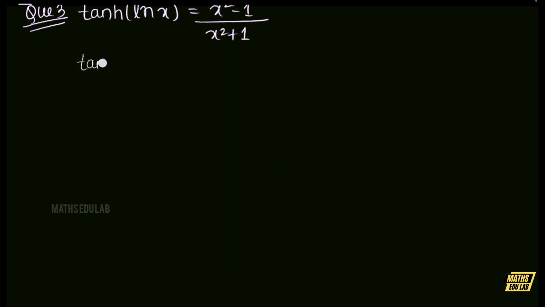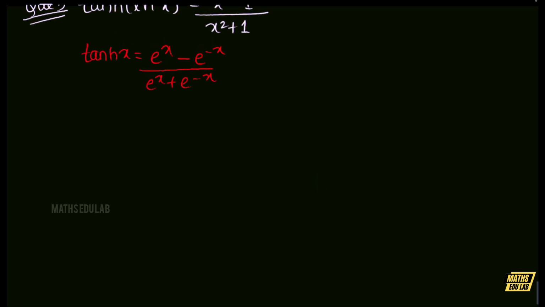So tan hyperbolic x is equals to e to the power of x minus e to the power of minus x upon e to the power of x plus e to the power of minus x. And similarly, in place of x, replace ln x.